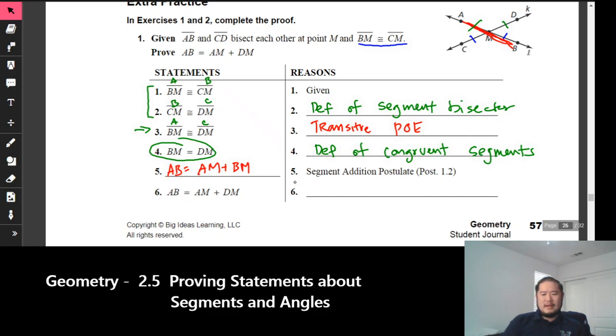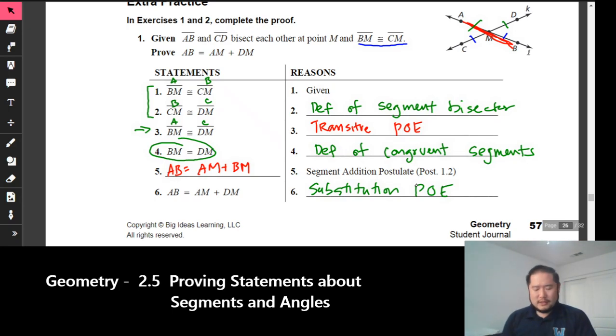So finally, what I can go ahead and say is, if I substitute BM with DM, our statement now becomes AB is equal to AM plus DM. And that we will put as our substitution property of equality. And there you have it, your first proof.